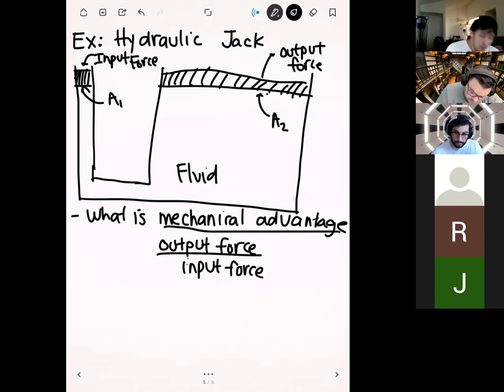We're going to use hydrostatics to develop this expression. Are there any questions on just the idea behind the jack, or anything in the diagram?